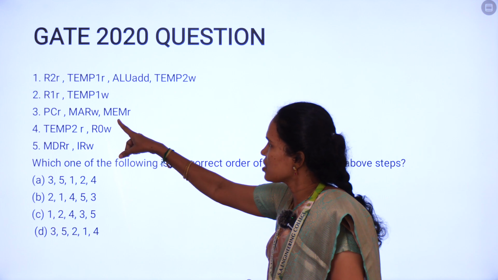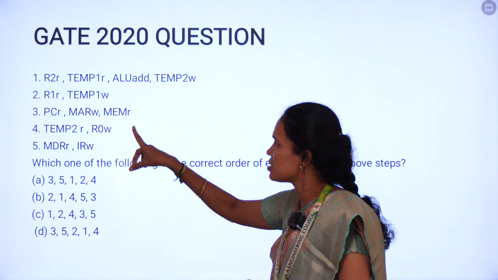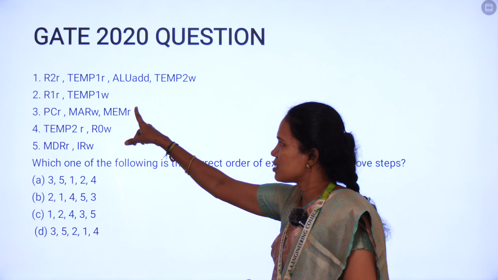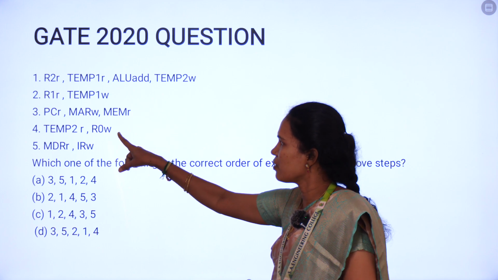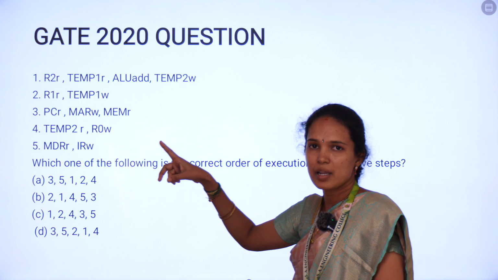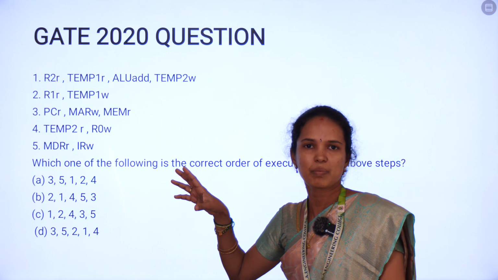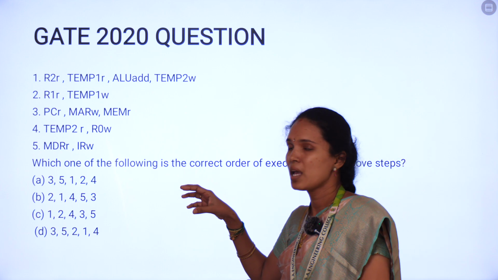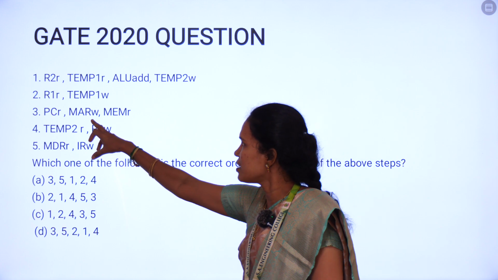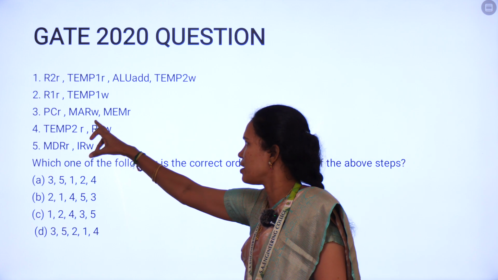Like this, the second instruction: R1 is register 1 read, Temp1 means temporary register write. This is the second instruction. The third instruction they have given is program counter to memory address register. MAR, I told, is the memory address register. What is the purpose of the memory address register? It will store the address of the memory, that is the address of this particular register, which will be carried out.